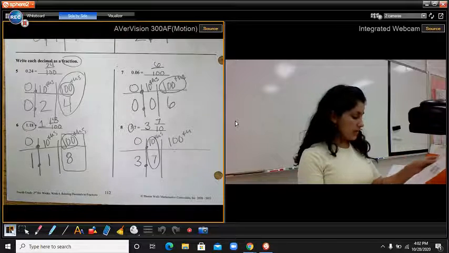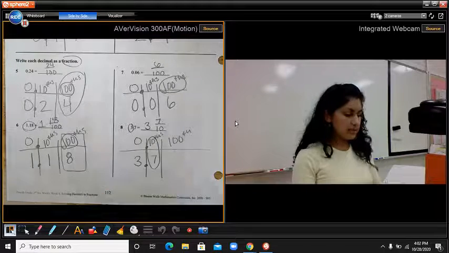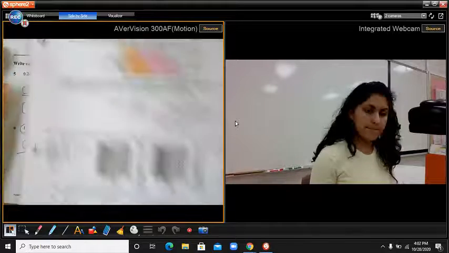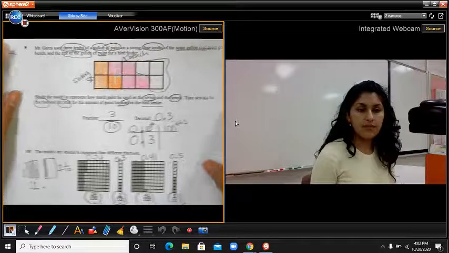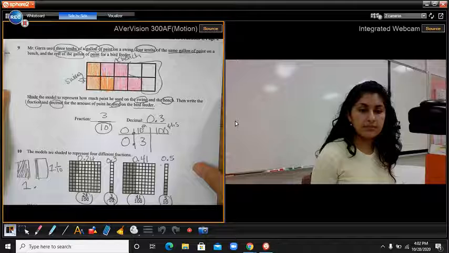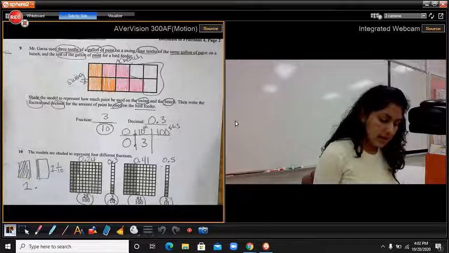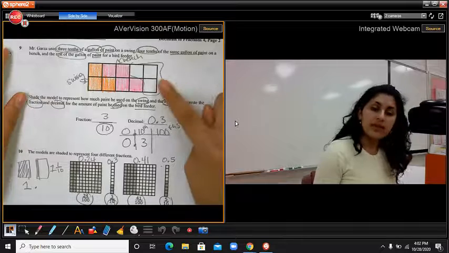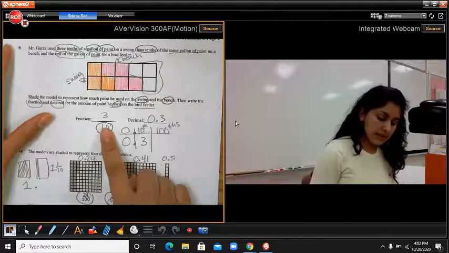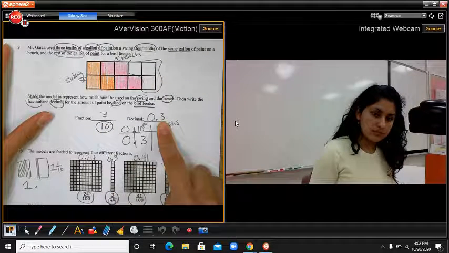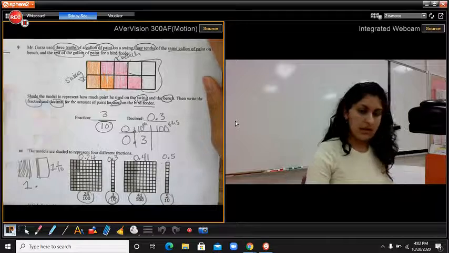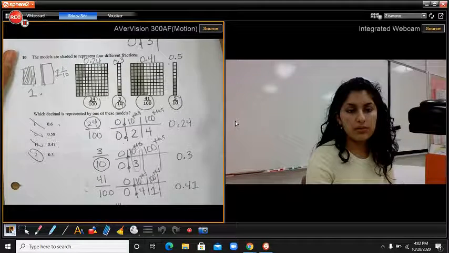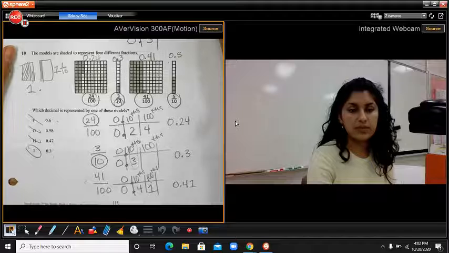And then we also did page 113 together. So this is number 9. It's the same idea. We needed to figure out 3 tenths. How is it written in a fraction and in a decimal? Okay, and then number 10, we did that one as well. The models are shaded to represent 4 different fractions.